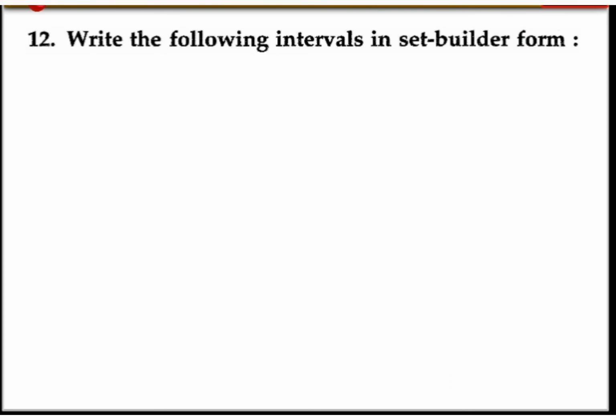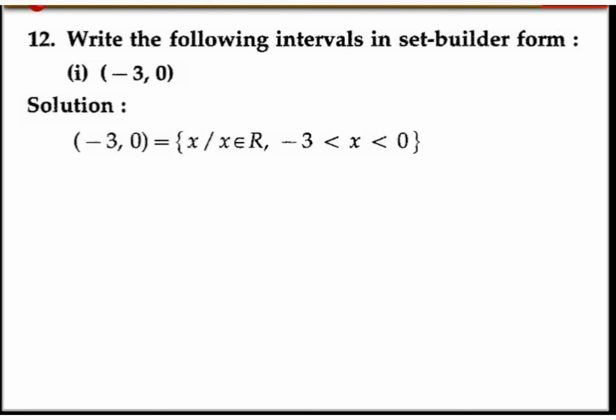Question number 12. Write the following intervals in set builder form. Number 1. (-3, 0). Solution. We have (-3, 0), which is equal to the set of all x such that x belongs to the rational numbers where x is greater than -3 but less than 0.